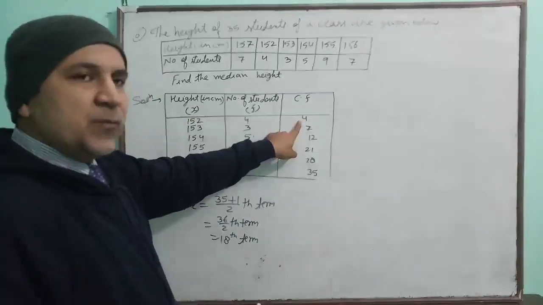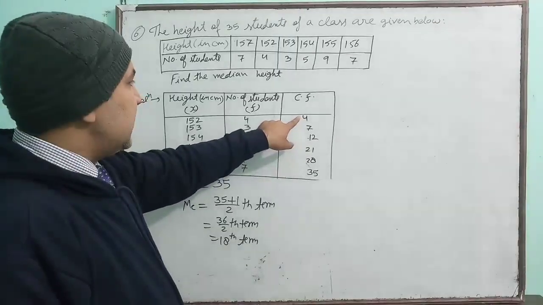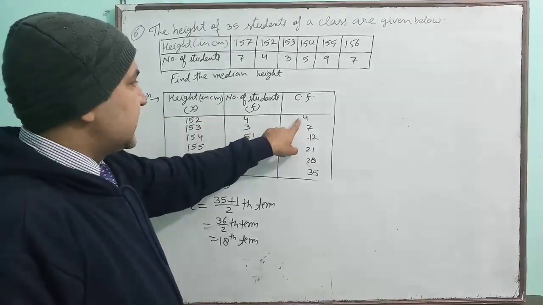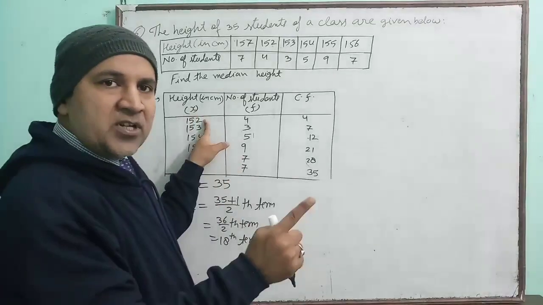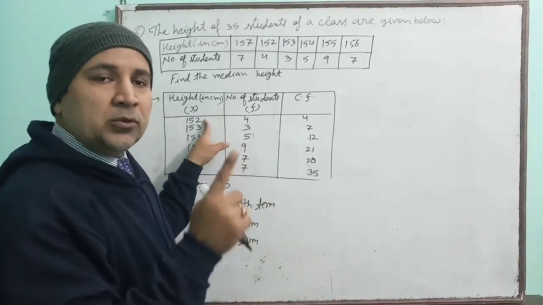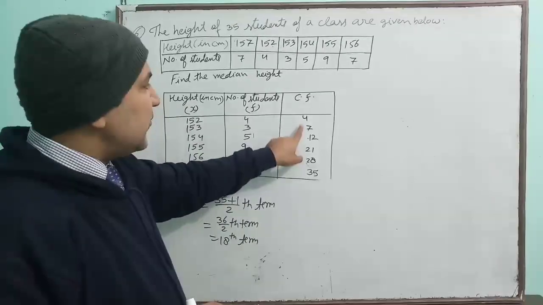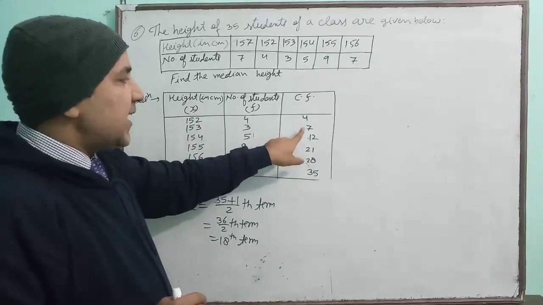See, the first one is 4. It means the first 4 observations are here. This is 152. Since the cumulative frequency is 4, that means 152 is the first term also, second term also, third term also, and fourth term also. After 4, 7 is there. It means 5, 6 and 7.